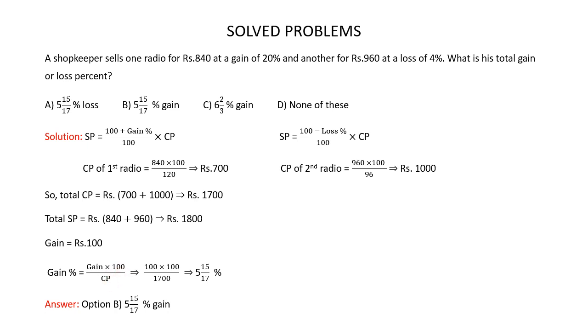Now substituting the values of gain and cost price in this formula, we get gain percent is equal to 100 multiplied by 100 divided by 1700. On solving this, we get gain percent as 5 15/17%. So the correct answer is option B, 5 15/17% gain.